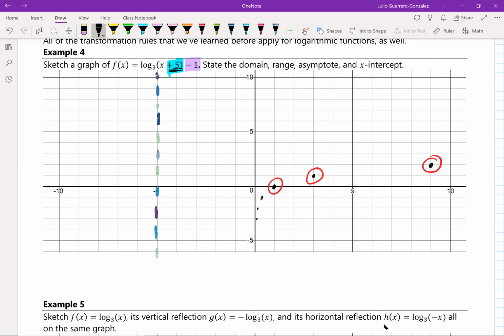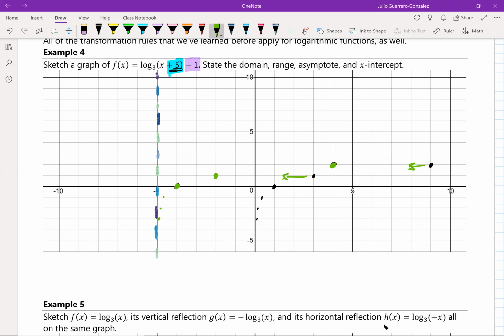Then this point moves over here, here, here. So our new points are that one, and that one. And I'm just going to draw the other ones in for reference. You're just basically moving them over. So this point moved over that way, over that way, over that way, right?